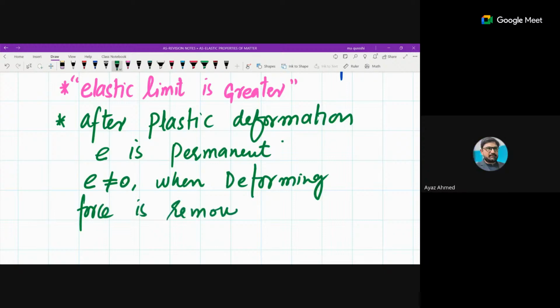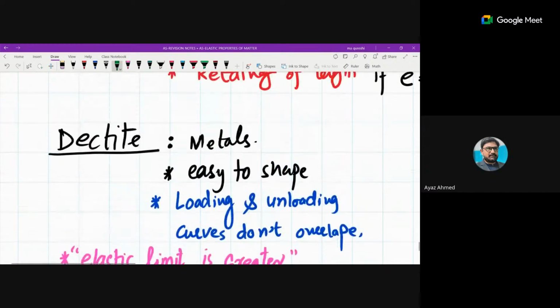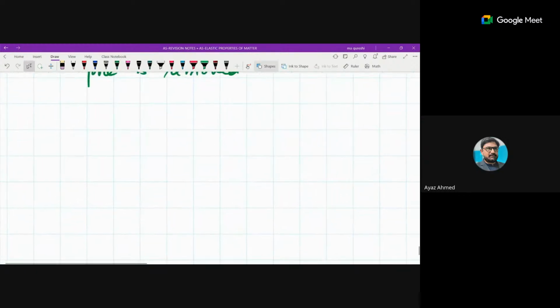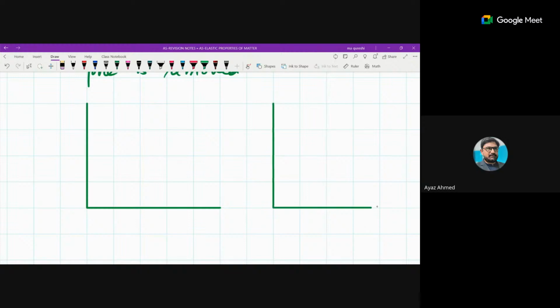Now I will draw the graphs according to all these properties. That is why I have written everything here in front of you. There can be two graphs for that.